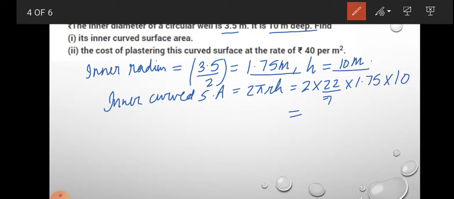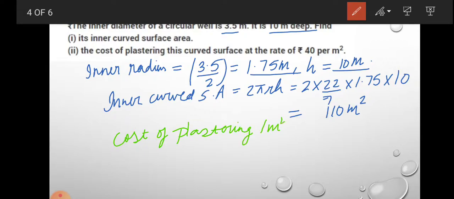On solving this, we get inner curved surface area is 110 meter square. Now cost of plastering 1 meter square area is equal to rupees 40.